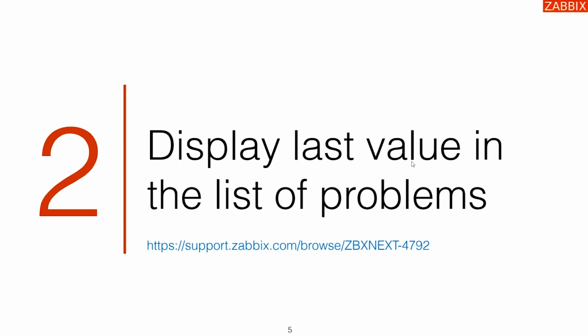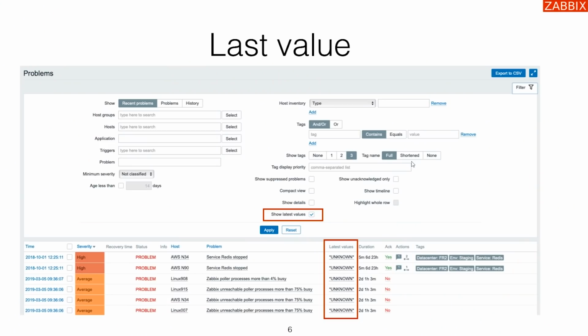Then, what's next? Display last value in the list of problems. I believe many of you used the internal macro item.lastValue in trigger names. It was for a long time a very popular way to display the actual values in the problem names. Well, in 4.0 things changed, and now they're going to change again.